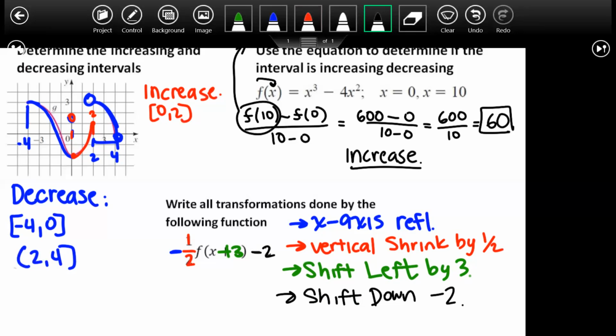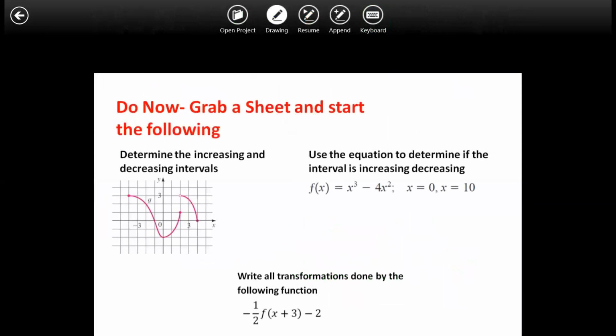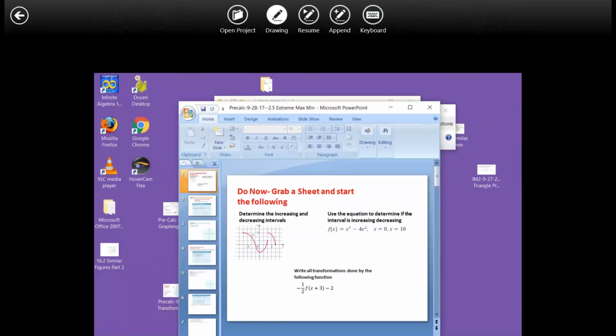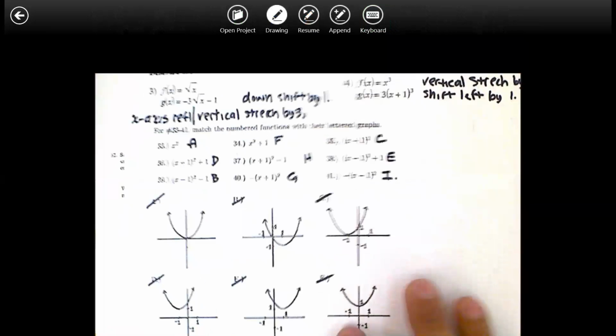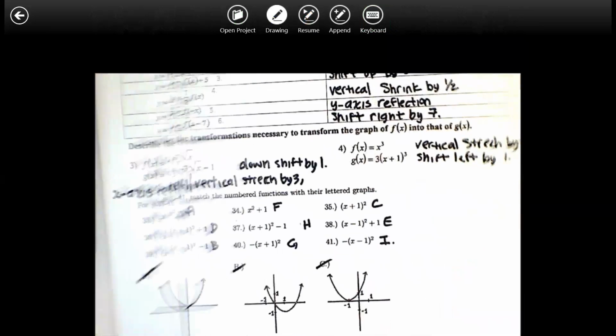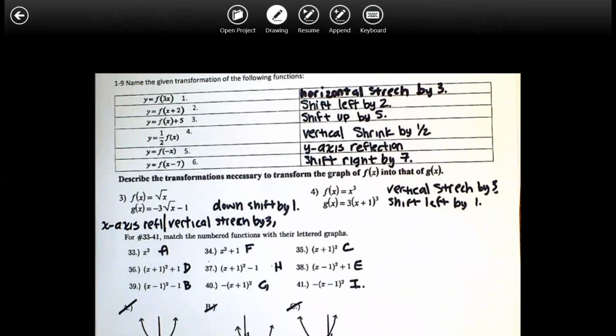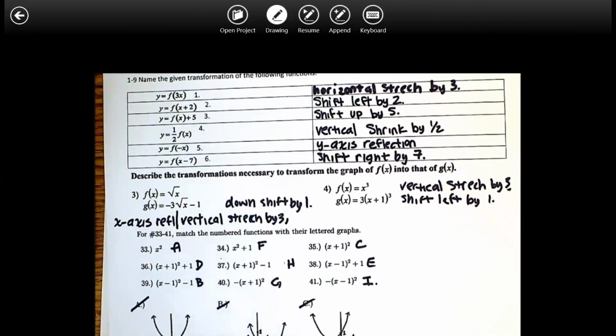Okay, do me a favor. Let's give you guys the answer key to your homework, so please check this out. Those are all done for you.